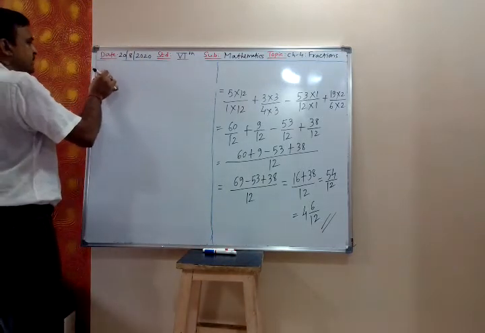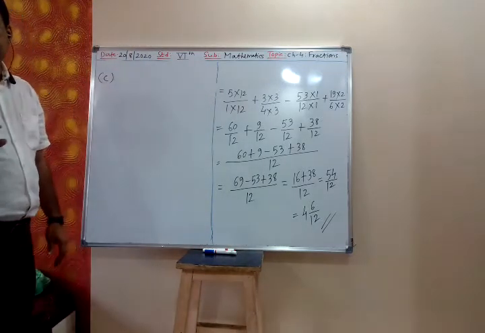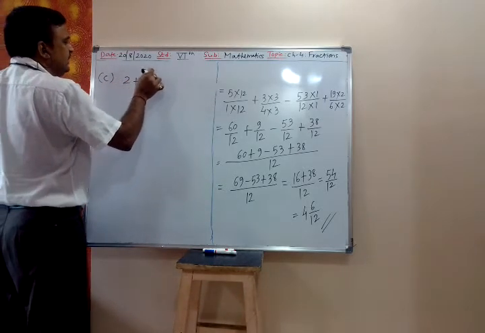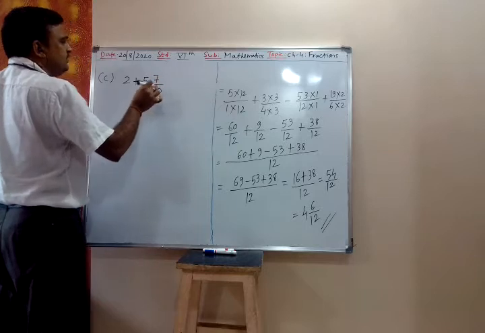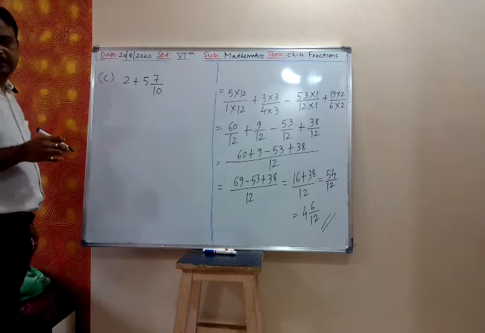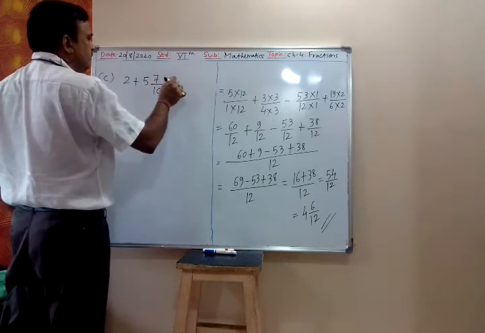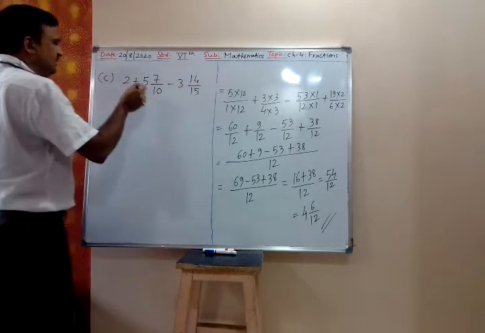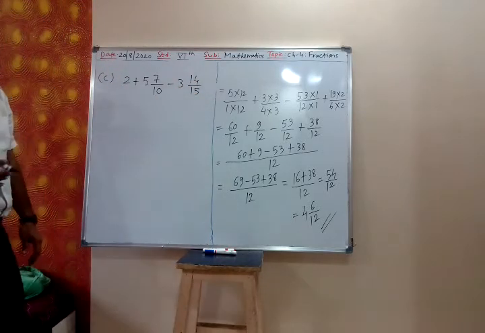Now let us write. 2 plus 5 and 7 upon 10 minus 3 and 14 upon 15. So there are 3 fractions given.